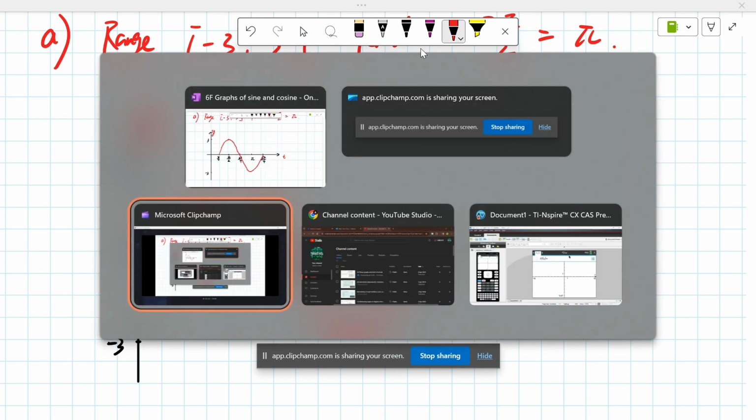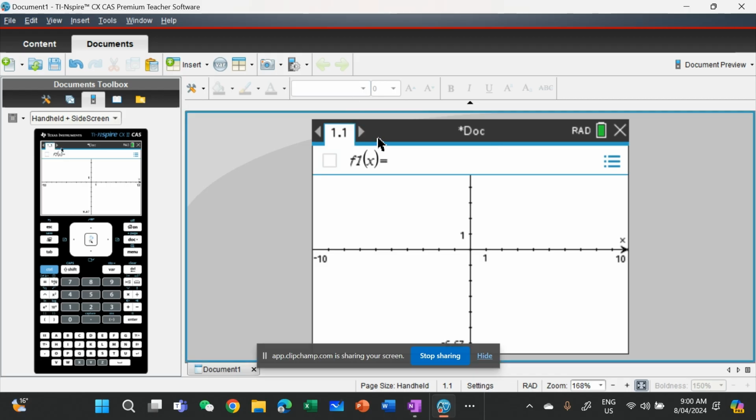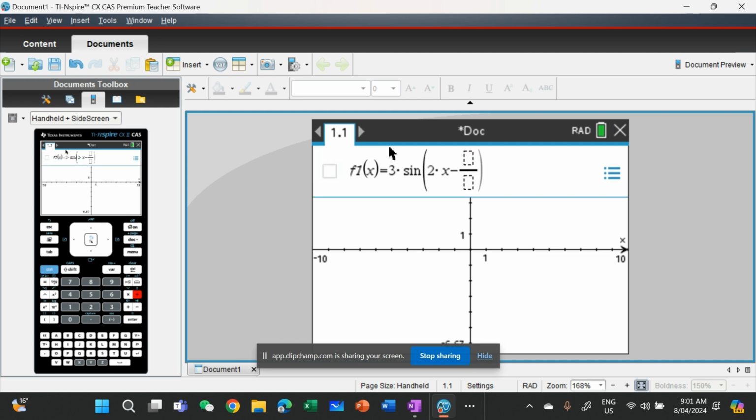Or we could just do a quick CAS calculator approach. We could do 3 times sine, and move this into 2 times x minus, control divide, pi on 2.